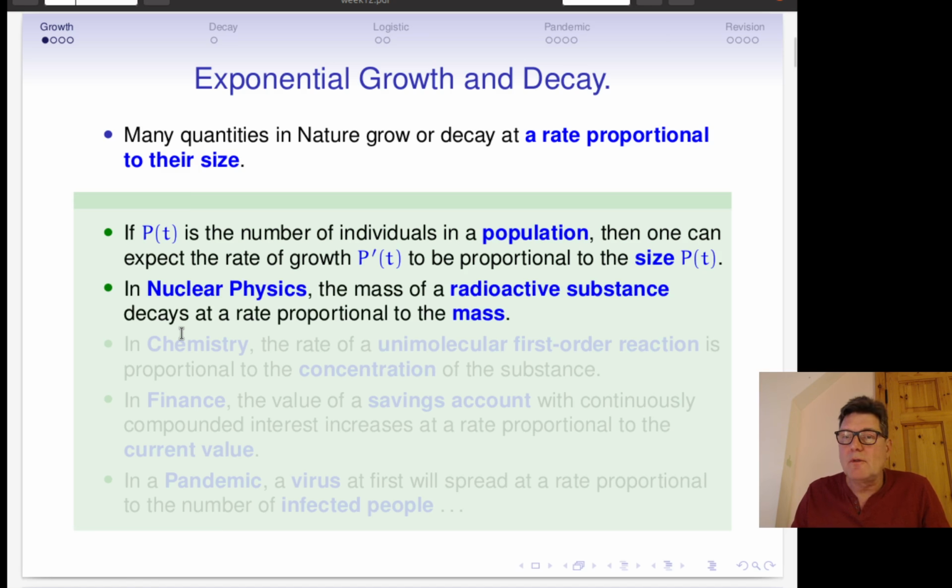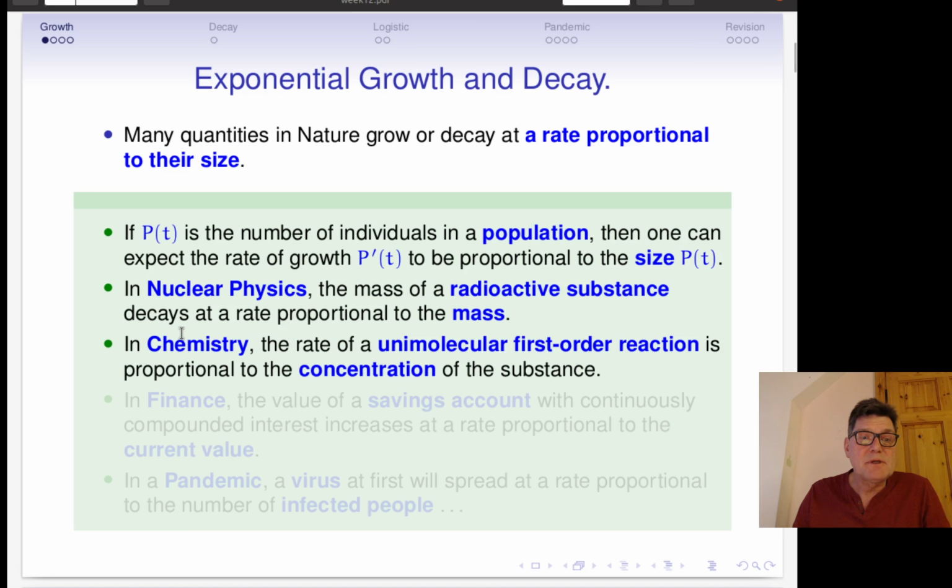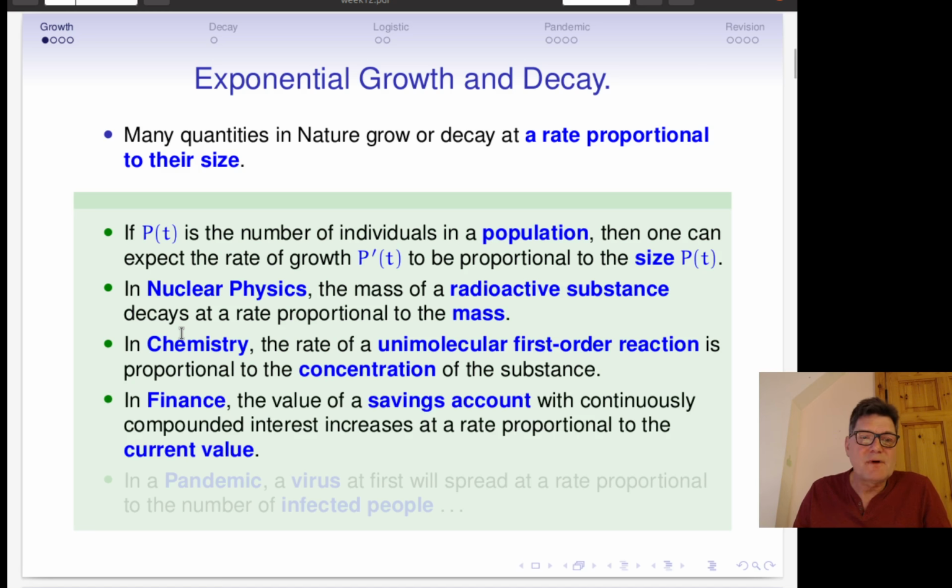In physics, the mass of a radioactive substance decays at a rate that is proportional to the mass. In chemistry, there's the example of the unimolecular first-order reaction, whose rate is again proportional to the concentration of the substance. And then there's finance: the value of a savings account grows at a rate that is proportional to the current value.